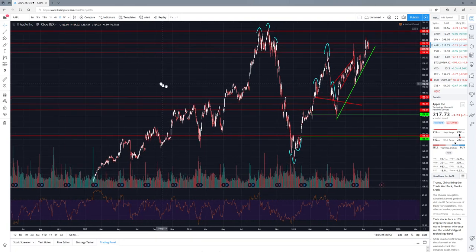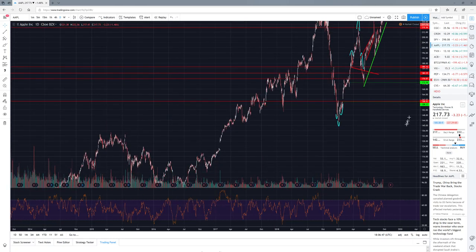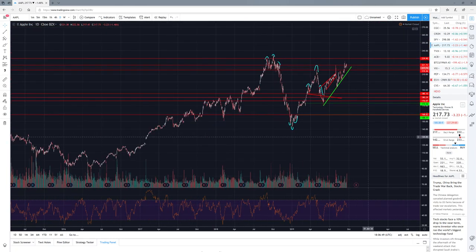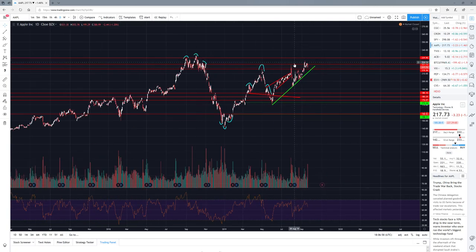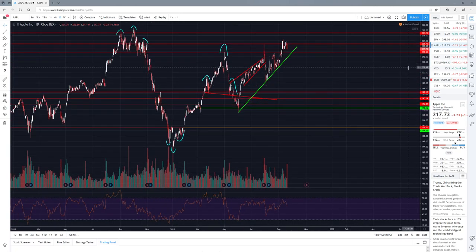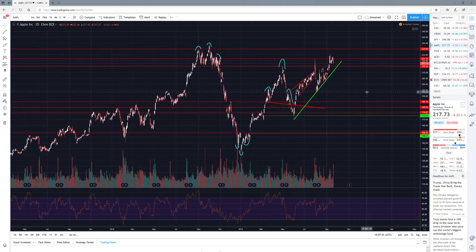Here's Apple's chart. Been on a huge upswing since 2016. Went from $90 to 230, and now we're just chopping around nonstop.